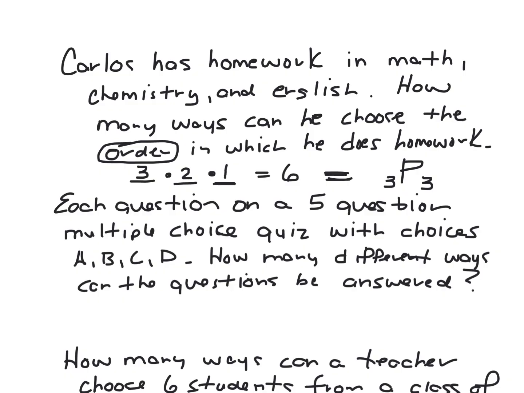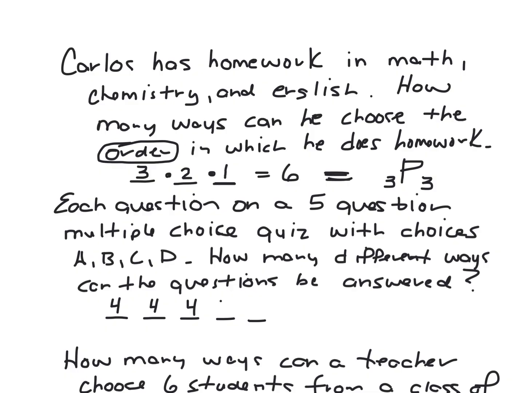Next one says each question on a 5-question multiple choice quiz has choices A, B, C, D. How many different ways can the questions be answered? So once again, I've got 5 events. I have to answer question number 1. I could answer it 4 different ways. I could answer question 2 4 different ways.